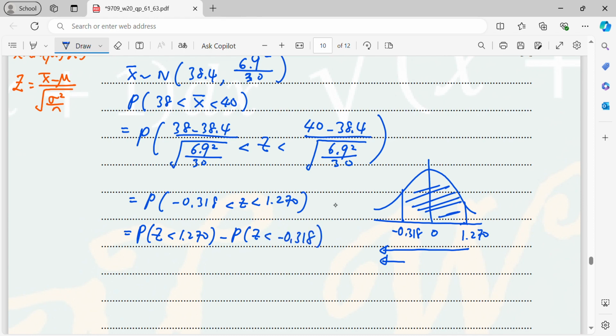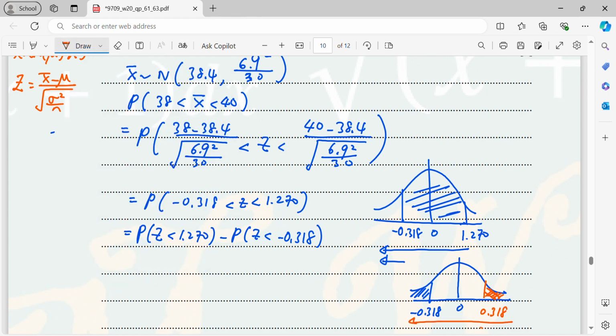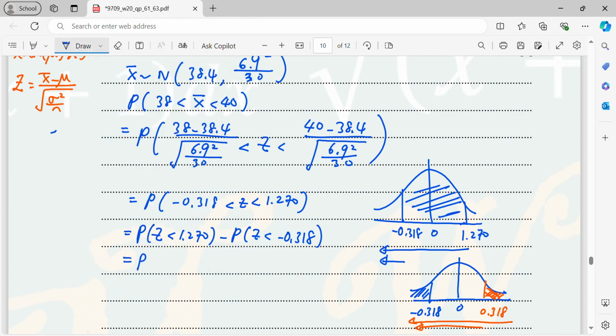But for the negative value, we have to sketch another graph, because the region for the negative value is not available in the table. So for negative 0.318, less than means towards the left side. This region will be reflected to the positive value, so the blue region is the same as the orange region. The orange region is basically total probability 1 minus P(Z less than 0.318). So I will change directly to that form.